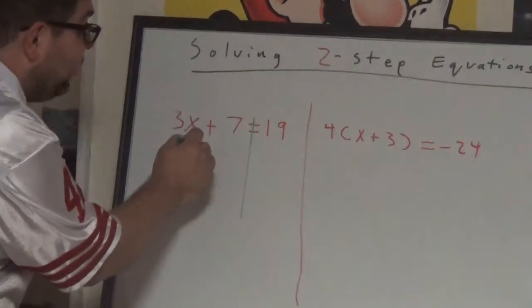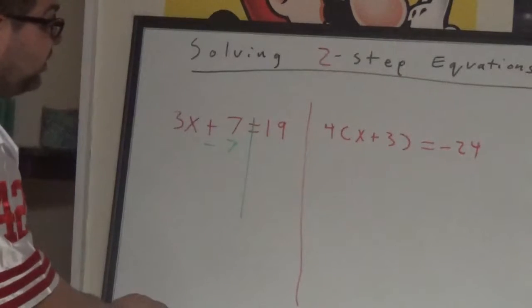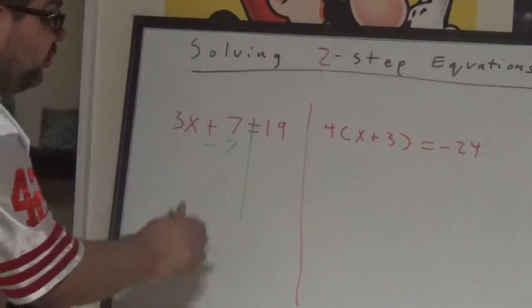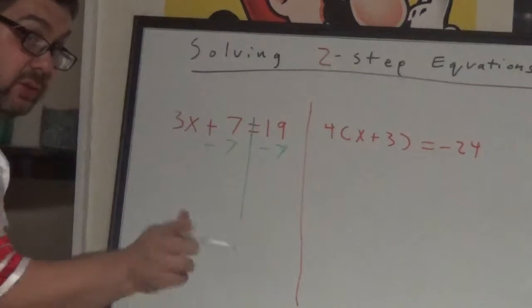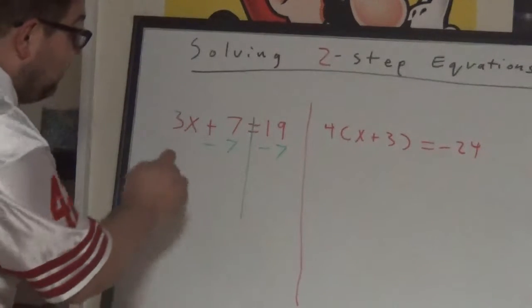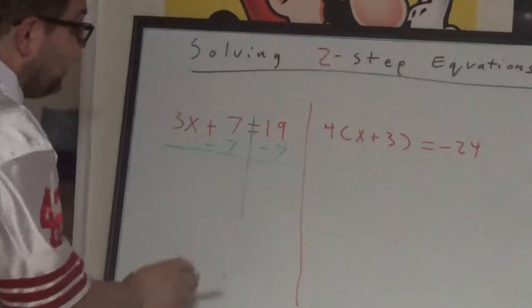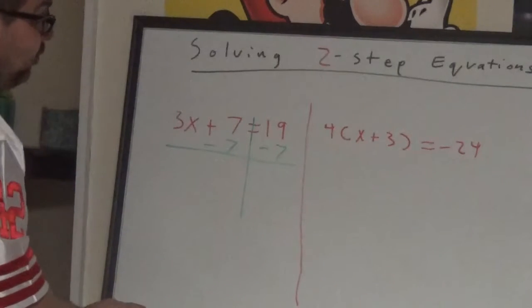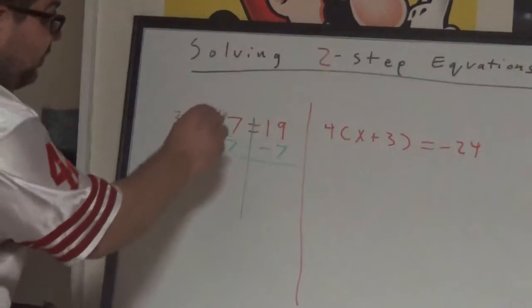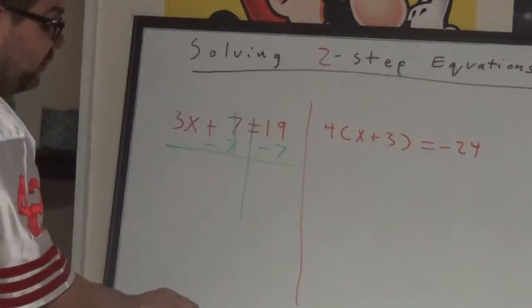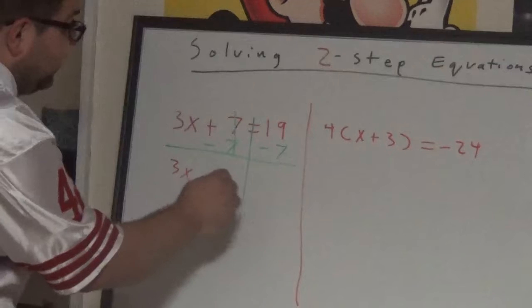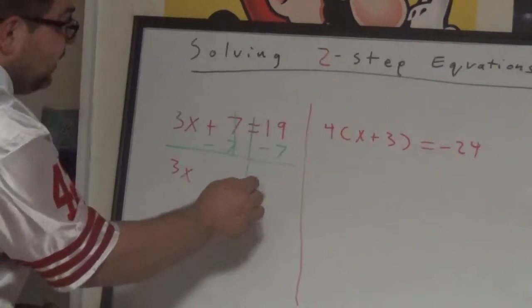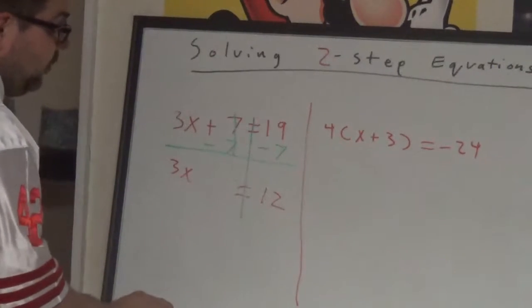The easiest thing to do here is start by minusing 7. If it looks like it would be the easiest thing to do, it's probably the easiest thing to do in most cases. So I minus 7 on each side. I'm canceling my 7s. Bring down my 3x equals 19 minus 7 is 12.